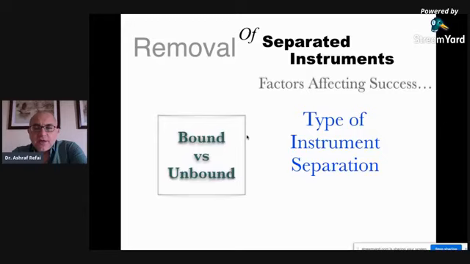Another issue is the type of instrument separation, and this is something that you should consider. Instrument separation differs. It can be bound or unbound. And what does that mean? It means the nature of the fracture. Some instruments fracture inside canals when they're relatively loose. So these instruments are unbound.